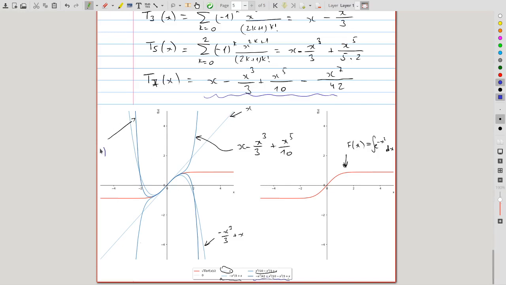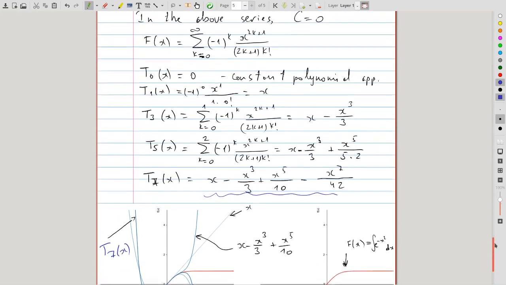And so this is the T7 of x. So you see that as the degree of the Taylor polynomial increases, you get better and better approximations for the function f of x.